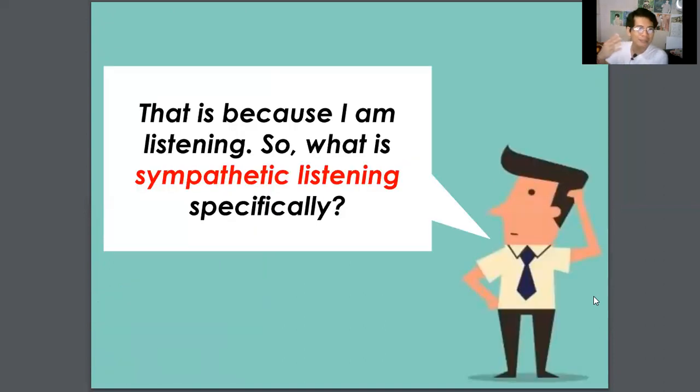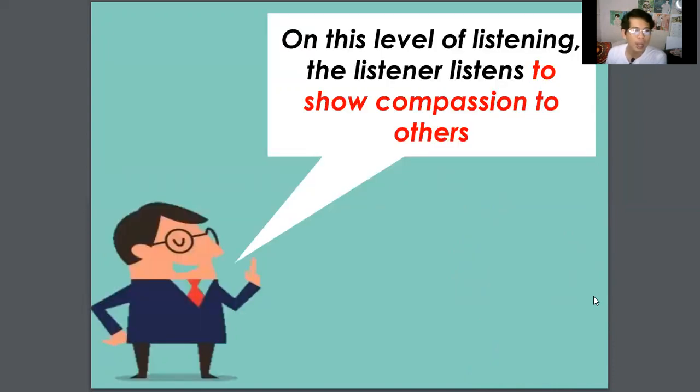Okay, because sabi niya, sana ganito rin sagot niya, because I am listening. So what is sympathetic listening specifically? On this level of listening, the listener listens to show compassion to others. You show compassion to others. Your presence is very important, that it alleviates the sadness or lessen the sadness of the person.